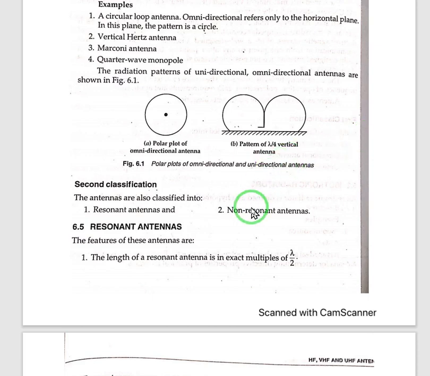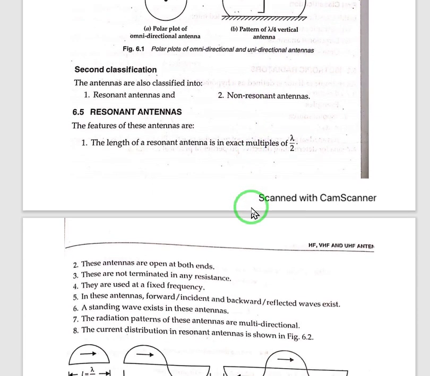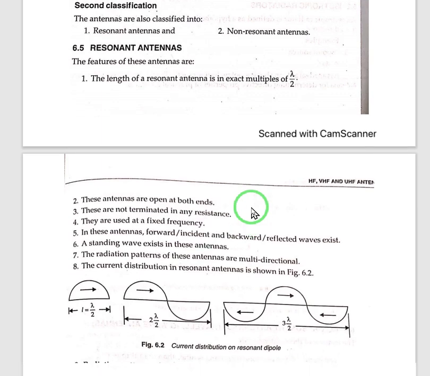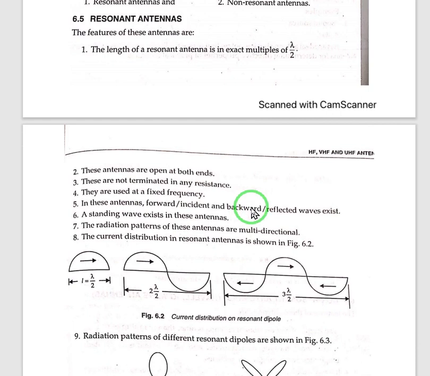Resonant antenna consists of the length which is equal to or a multiple of lambda by 2. These resonant antennas have open ends. These antennas are not terminated by any resistance. These are used at a fixed frequency.